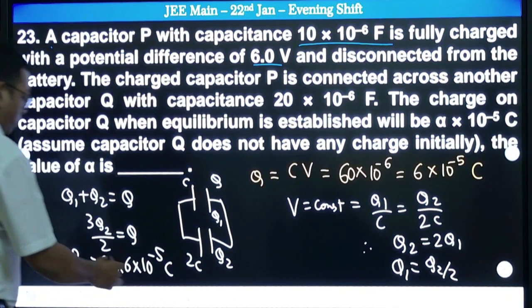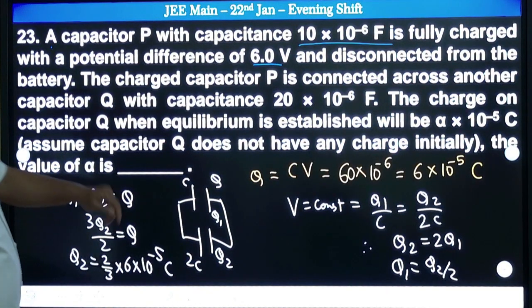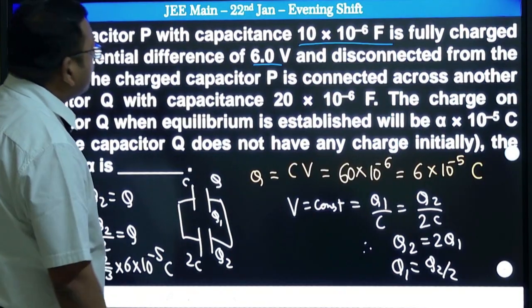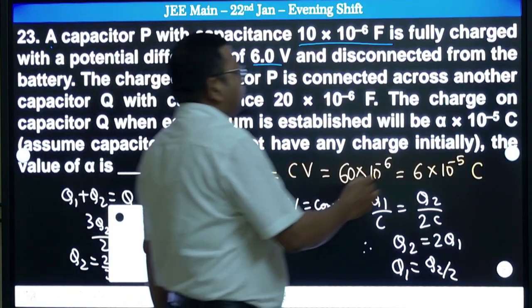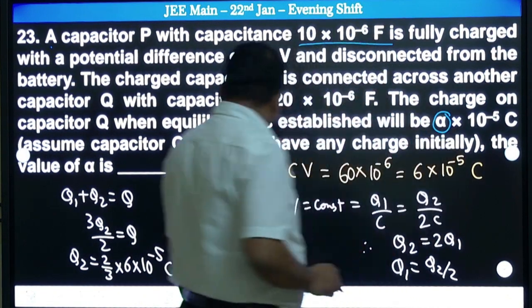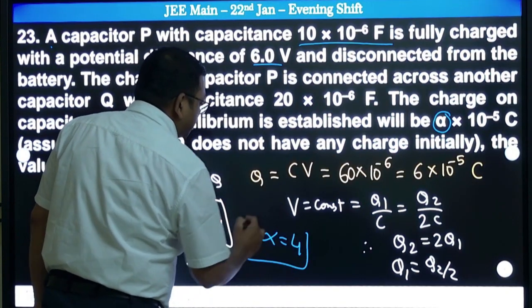From here 3 will get cancelled, and 2 into 2, 4 will come. So 4 into 10 to the power minus 5. So this factor must be 4, so the answer alpha must be 4. Fine.